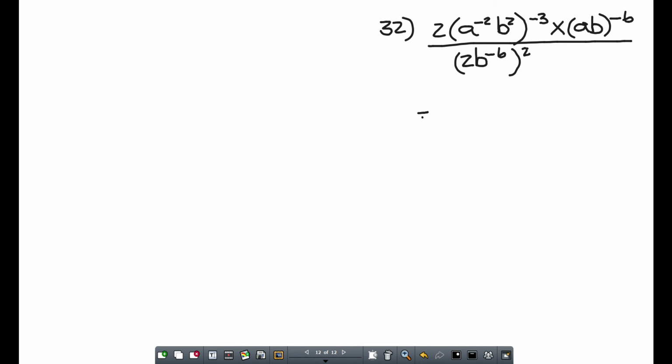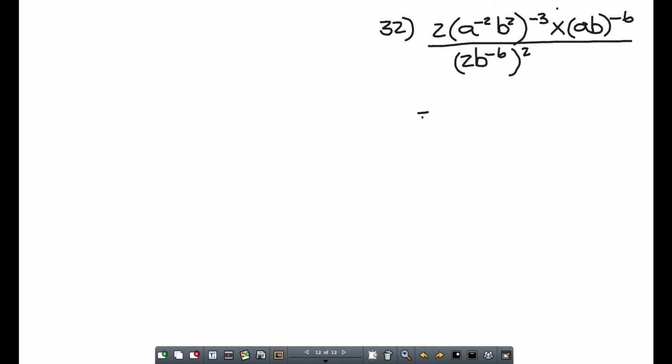Right, let's look at this first part. This one. Wat moet ek eers doen? Eers die 2 inmaal of eers die tot die mag 3 doen? First to the power 3, nee.